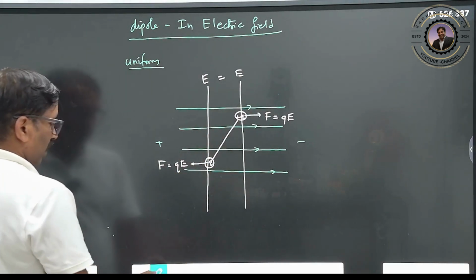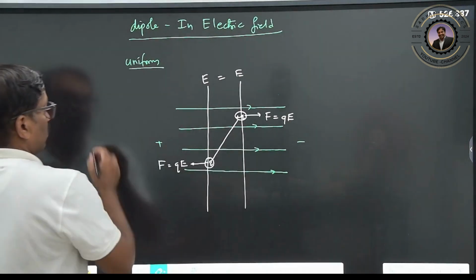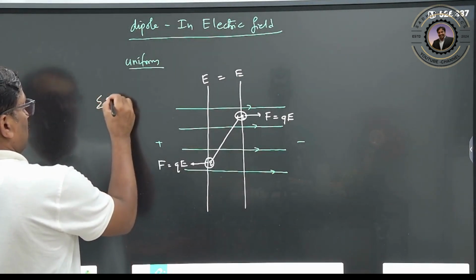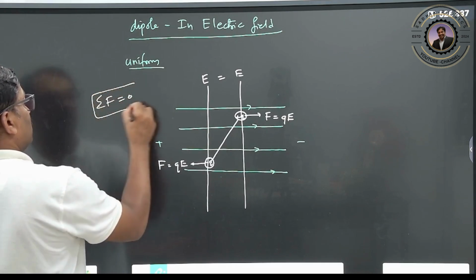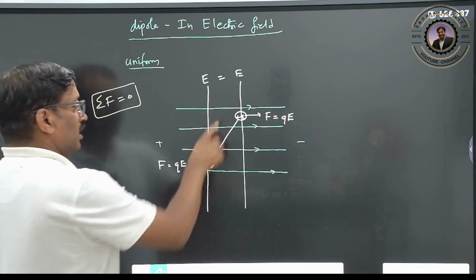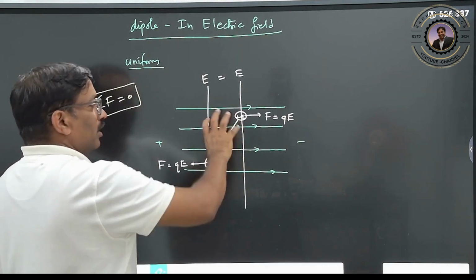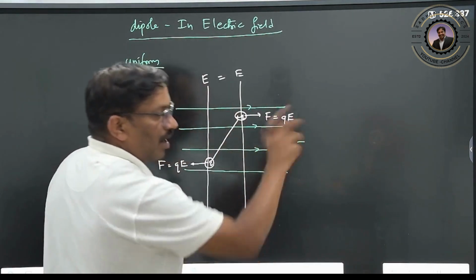So what will be the net force acting on the dipole? The net force acting on a dipole is 0. That means there is no force acting on this dipole. The dipole will not displace, will not translate now.